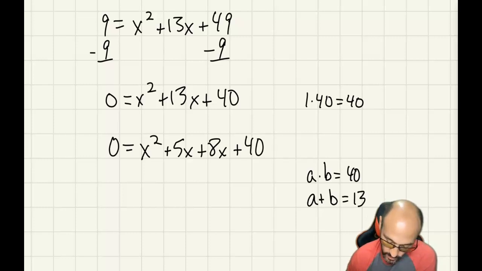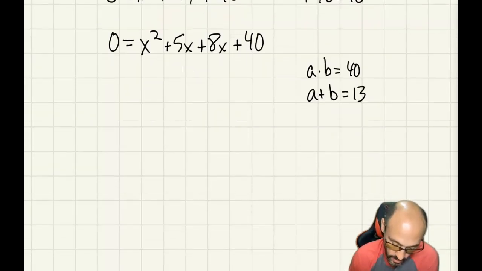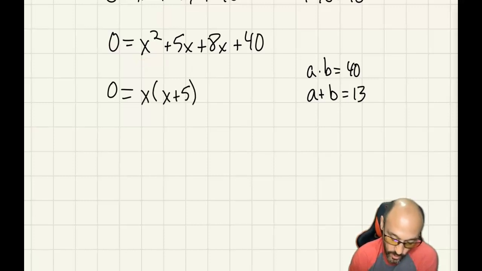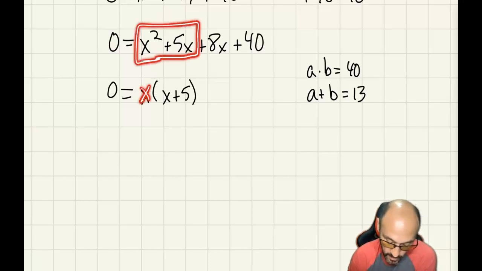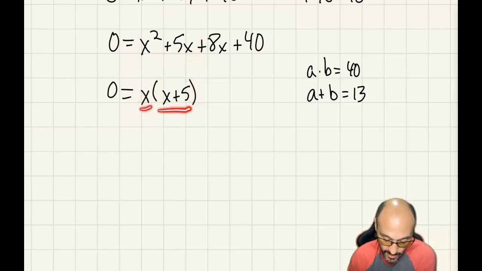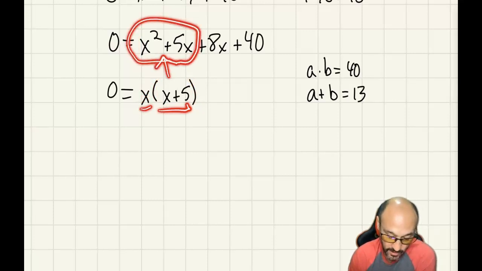And now we're going to continue by factoring out the x here. When we factor an x out of this, we get x plus 5. So x times the quantity x plus 5 gets us x squared plus 5x.